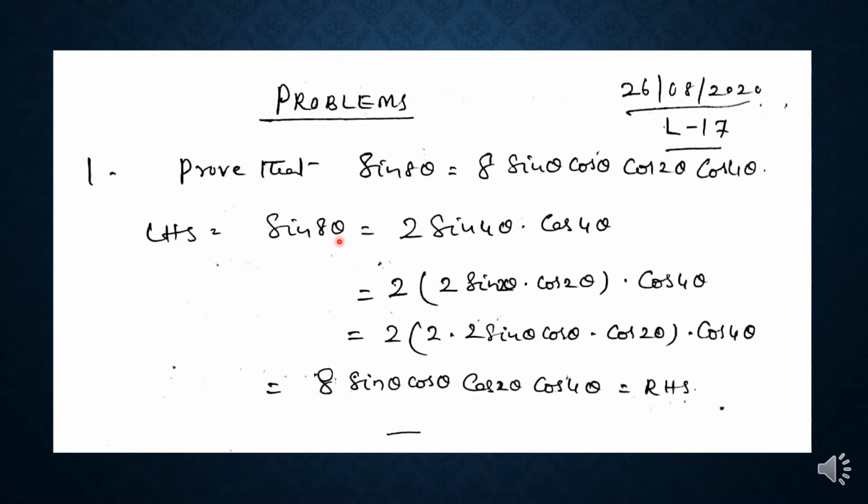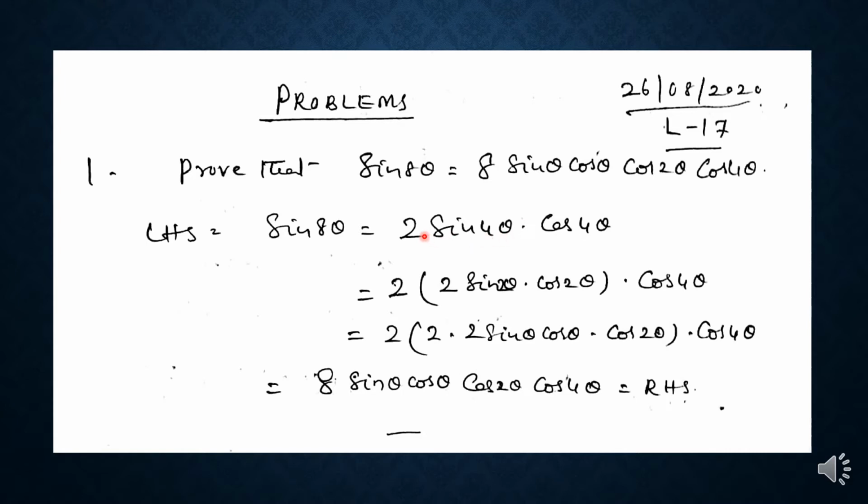Now this is in the form of sin 2a, where a is equal to 4 theta. So by applying sin 2a is equal to 2 sin a into cos a, that becomes 2 sin 4 theta into cos 4 theta. Again, sin 4 theta can be written as sin of 2 into 2 theta.